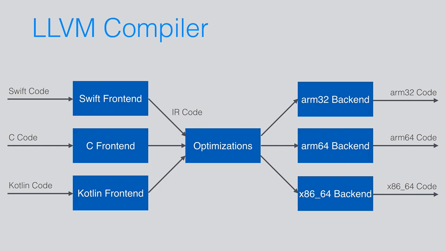All of the code from the front end, basically what the compilers do is they compile that into IR, which is intermediate representation in LLVM, and that's similar to Java's bytecode. So that's LLVM's representation of the code and the structure and the objects and all of that.